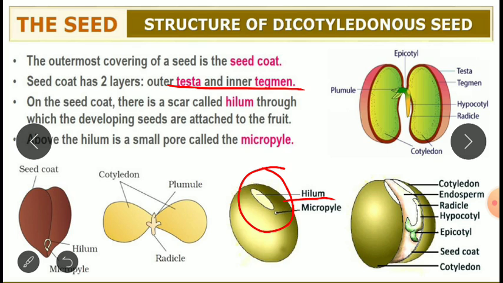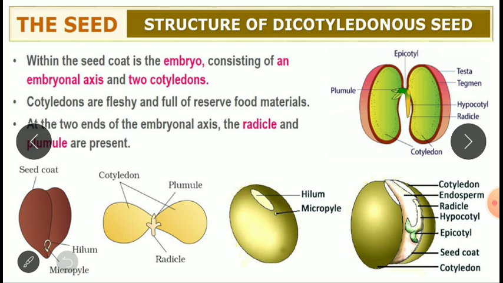Above the hilum there is a small pore known as the micropyle, through which water and necessary nutrients enter. The seed consists of the radicle and the plumule. The radicle is where the root will develop, and the plumule is where the shoot will develop. So this is all about the seed.